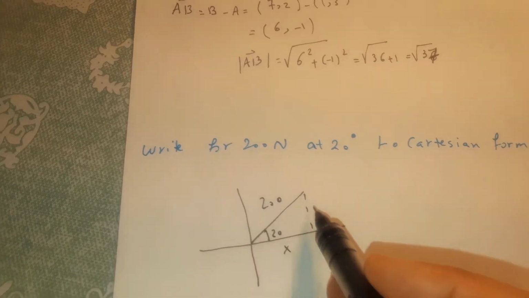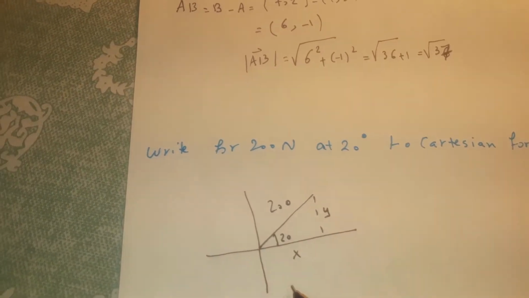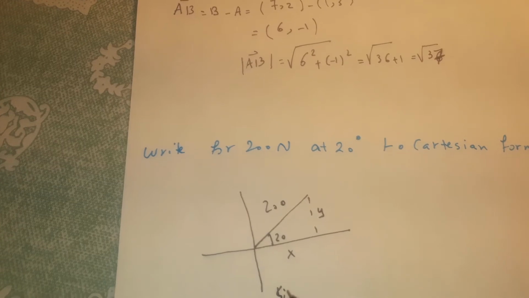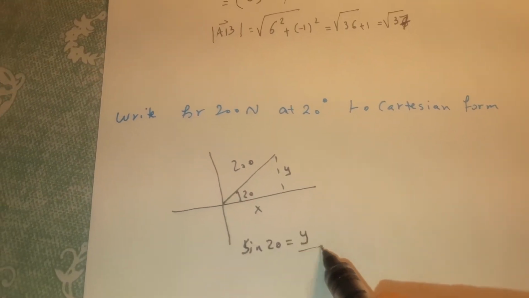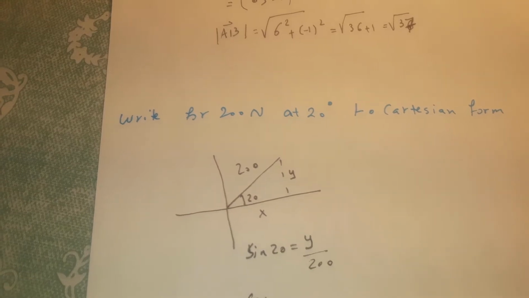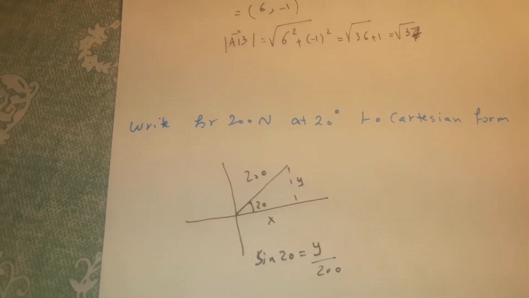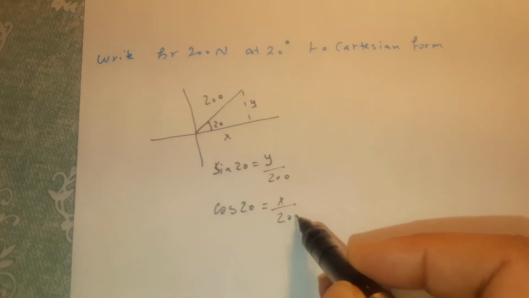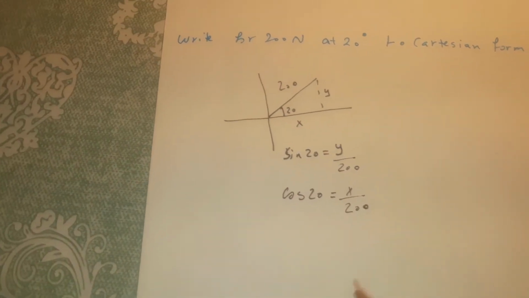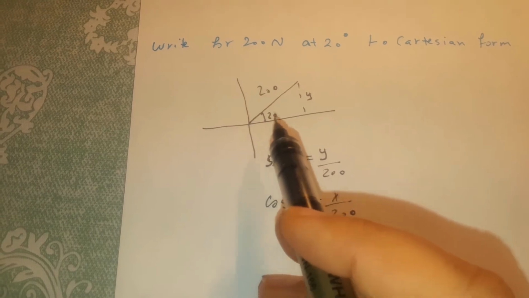So let's say this is the x component, this is the y component. The sine of 20 is going to be opposite over hypotenuse, and the cosine of 20 is adjacent over hypotenuse.